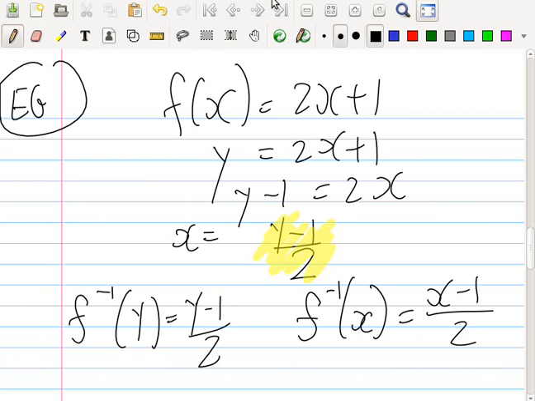I think I need to come up with a better name, though, than inverse of a function, because it's obvious. The inverse of a function and the return of the phantom menace, or maybe something. Inverse of a function, A New Hope, maybe.